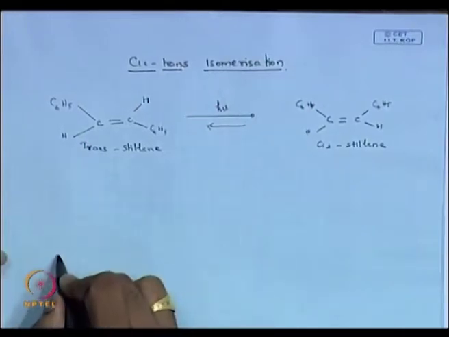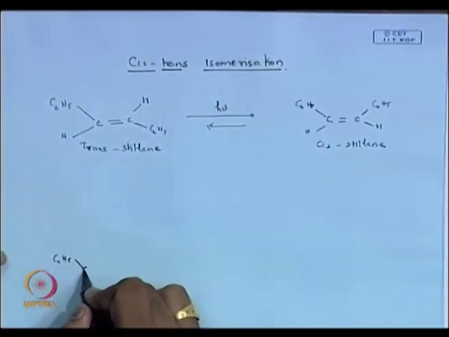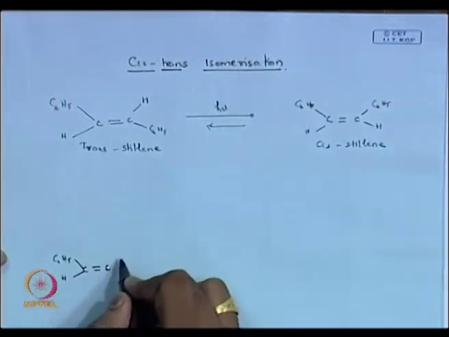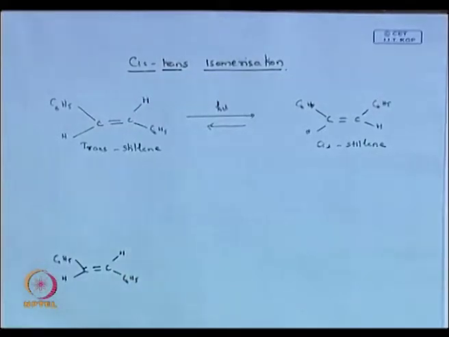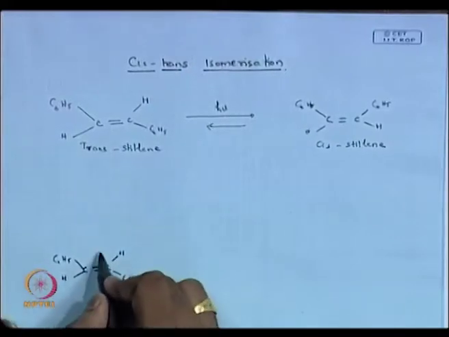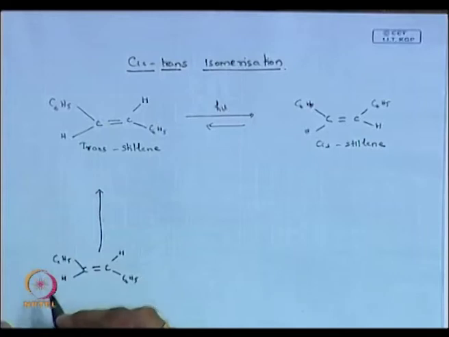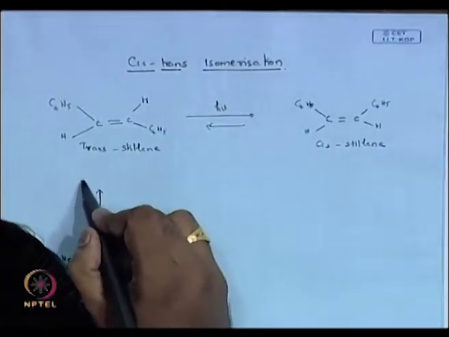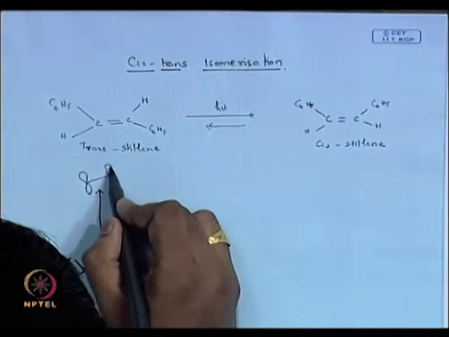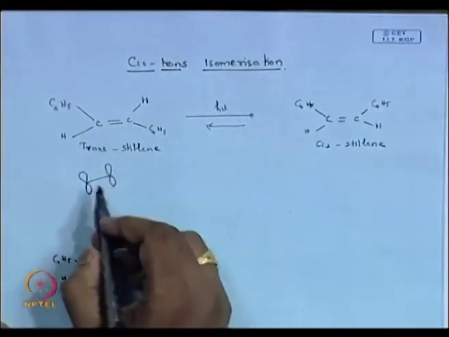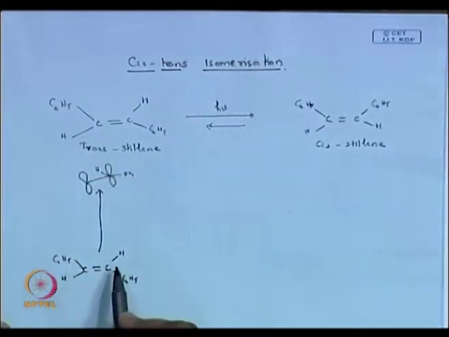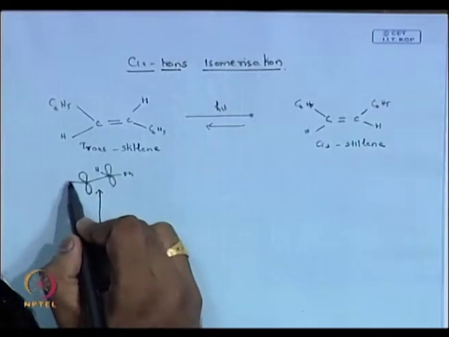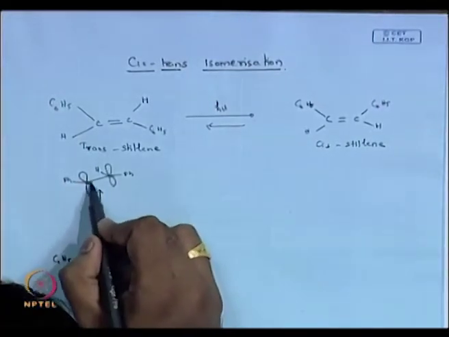If you see the mechanism, for example, on this side I am taking my trans stilbene and photolyzing it. I can write how it looks: hydrogen, phenyl, and this way phenyl and my hydrogen.